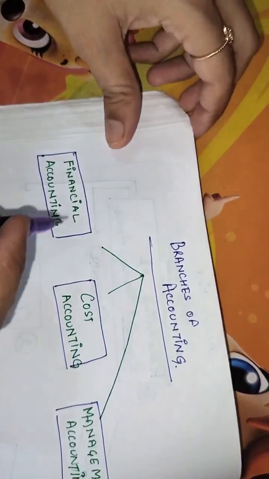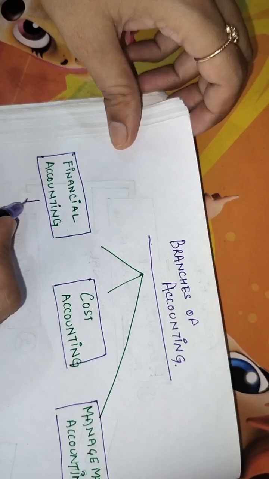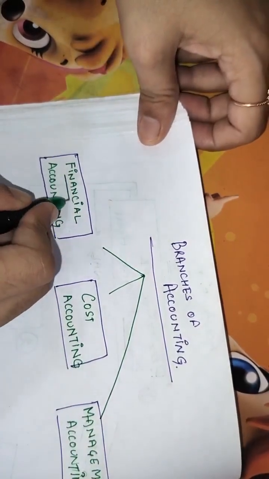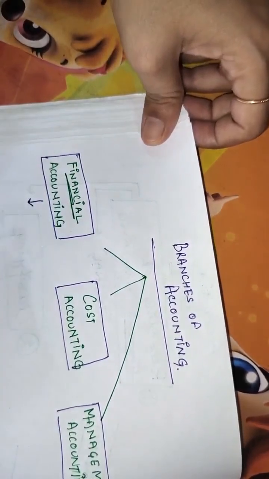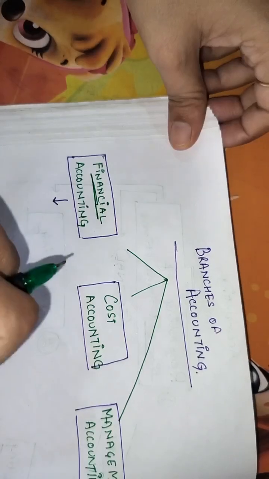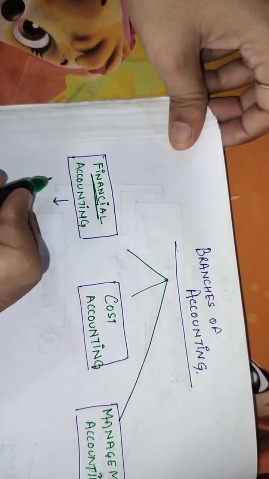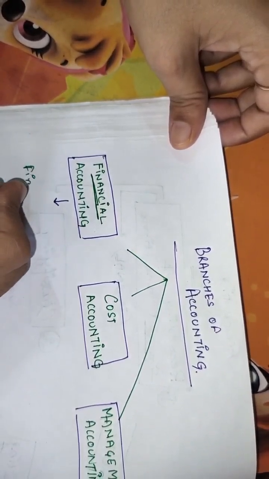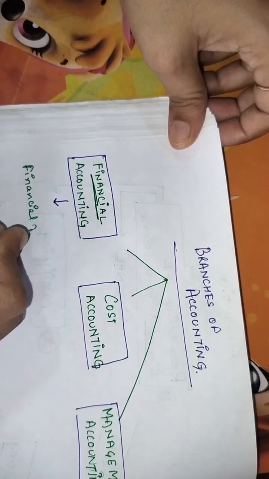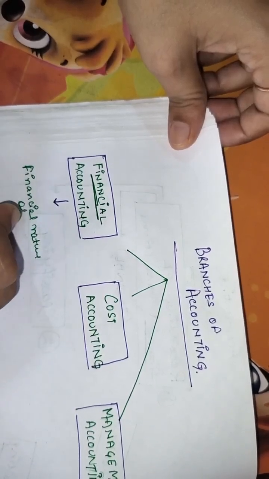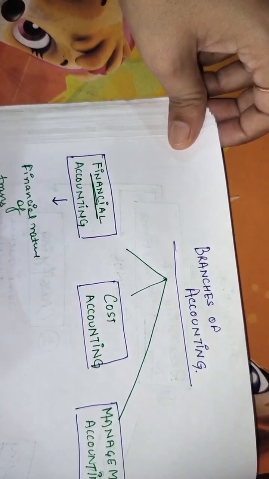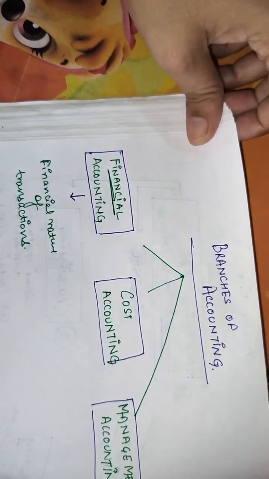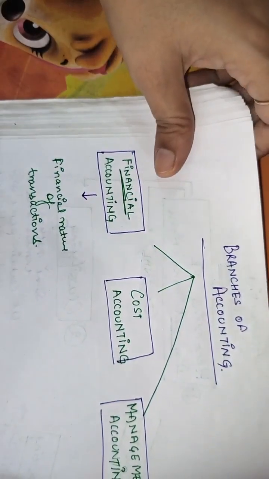Now what basically financial accounting is? From the word, I think it is clear to you people that financial is basically monetary terms, money related terms. So this means that any accounting which is related to financial nature of transactions comes under financial accounting. Now what is financial nature of transactions?